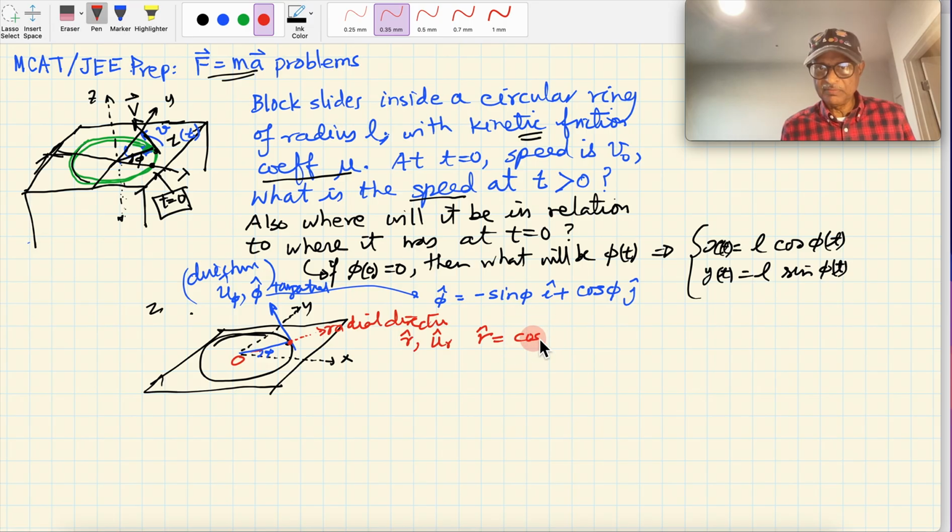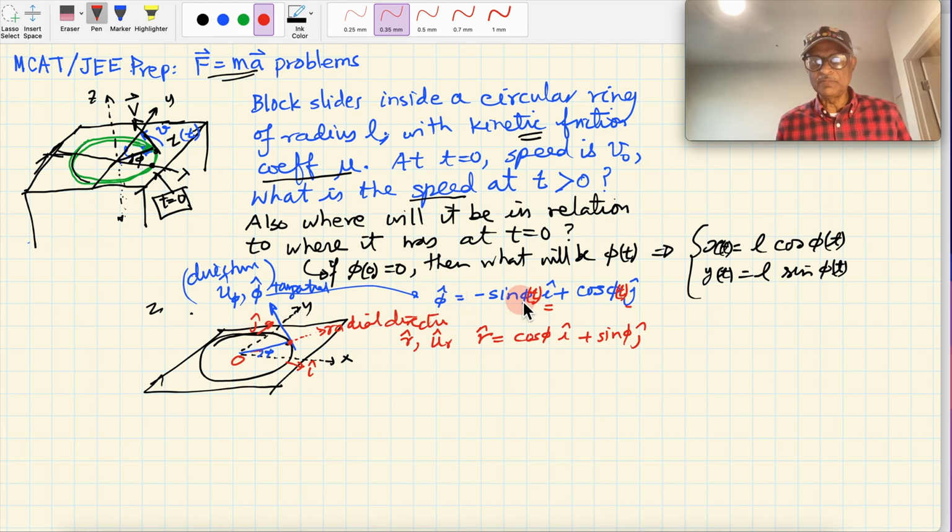It's going to be cosine phi i hat plus sine phi j hat. So you can see that this phi is changing in time, so these are functions of time. I hat is always pointed this way, and j hat is always pointed this way. But these guys are time dependent, as I expect.